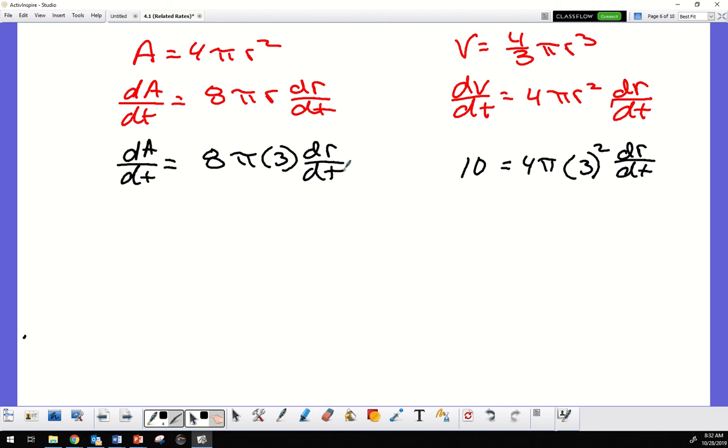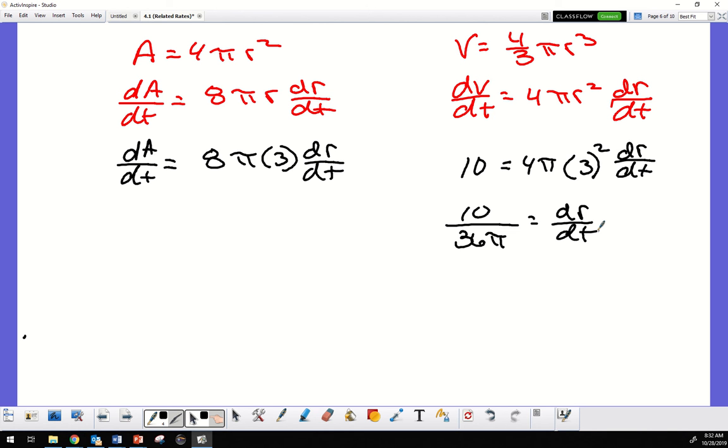So this is going to be 9 times 4 is 36. So it's going to be 10 over 36 pi is equal to dr/dt, right? Because I'm going to divide both sides by that 36 pi. So I get that by itself.